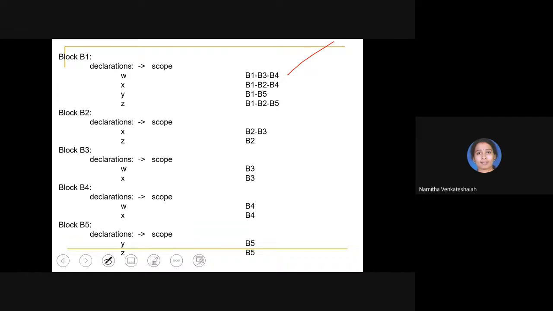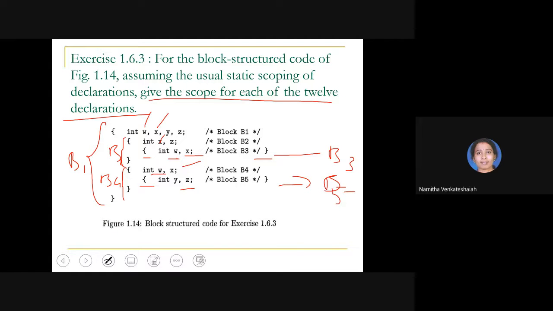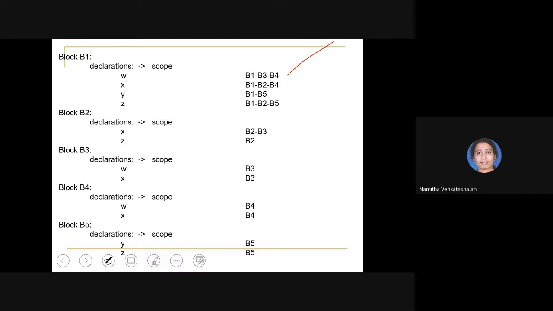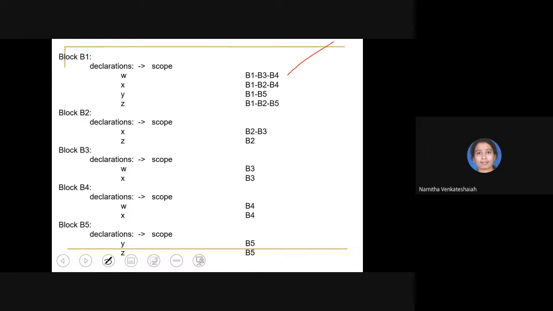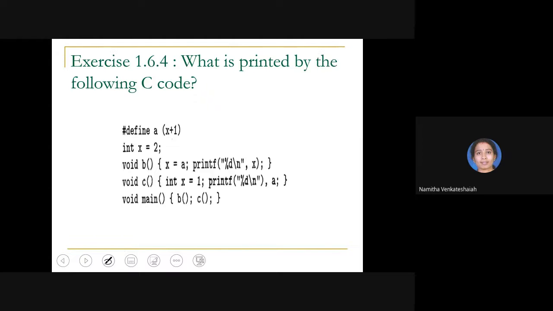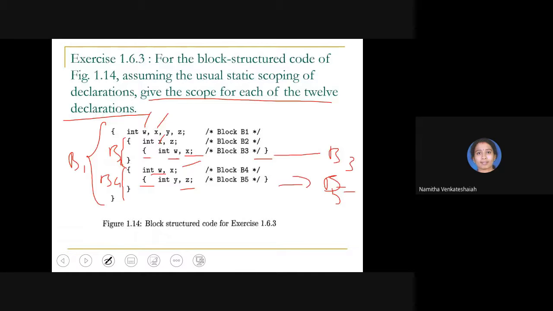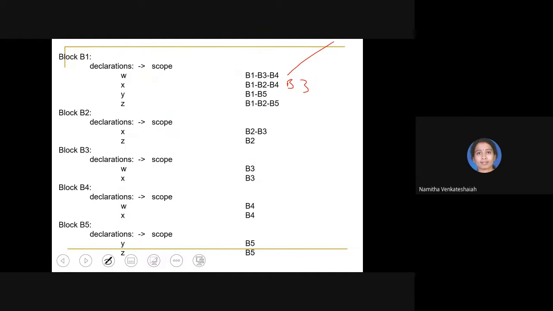B1, B2, B4. Of course, B1 it is there. B2 it is there. B3 also there. And B4. Okay, then Y. Y is defined here, so B1 and then B5.